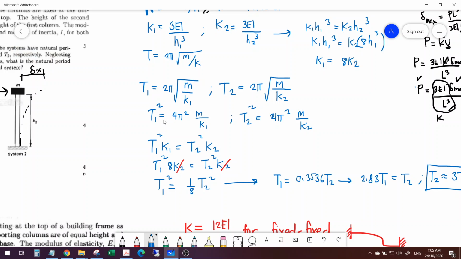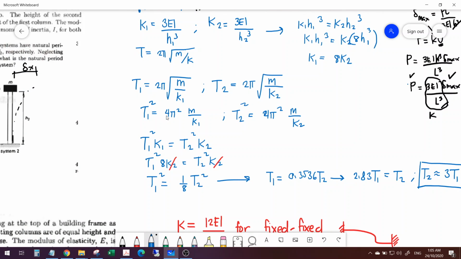So T1 square is equal to 4 pi square m over K1. T2 square is equal to 4 pi square m over K2. Since the same yung mass, okay, so K1 will be transposed here, K2 will be transposed here. So T1 square K1 is equal to T2 square K2.